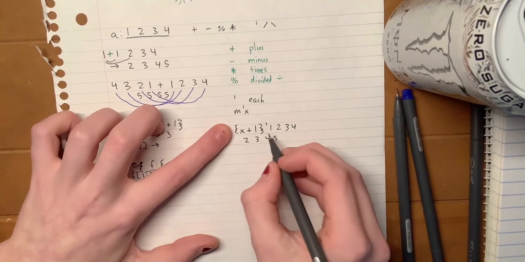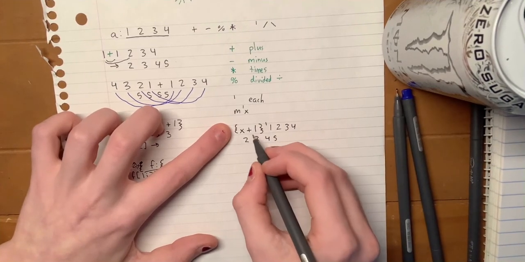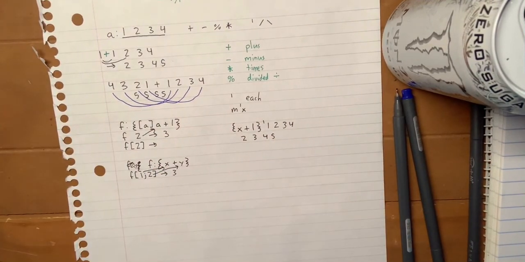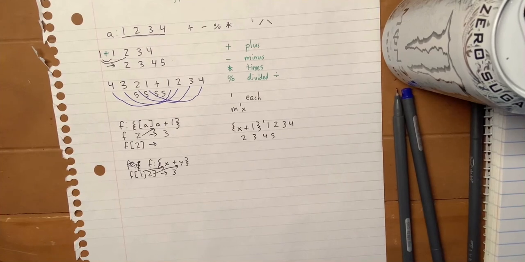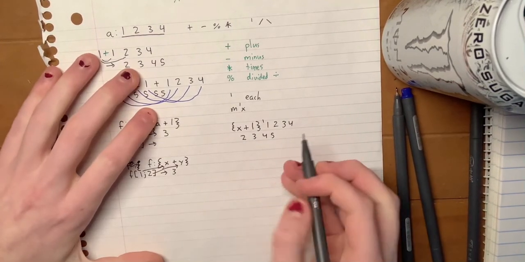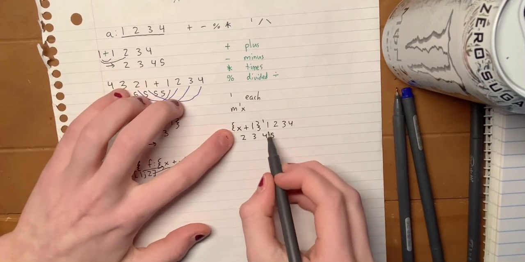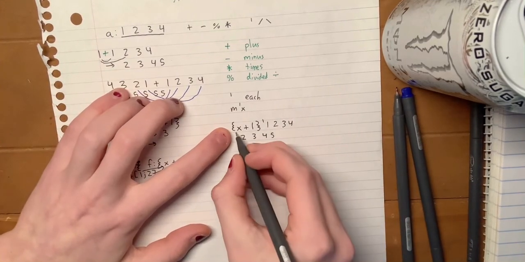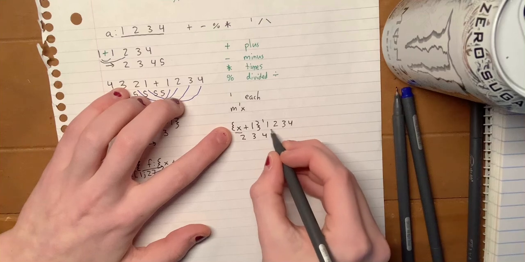Each time this monad is run, it's going to be a monad. A monad is just a function that takes one argument, and it's called monadic. So if we have a monad like this, that means each time it's called on each element of the list, x is going to be equal to whatever the element is.